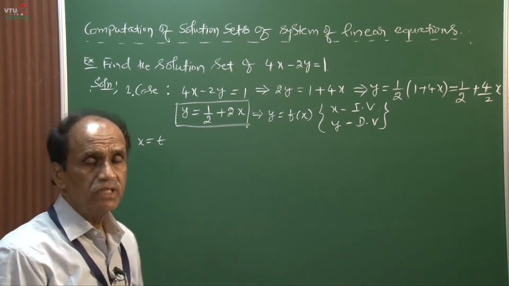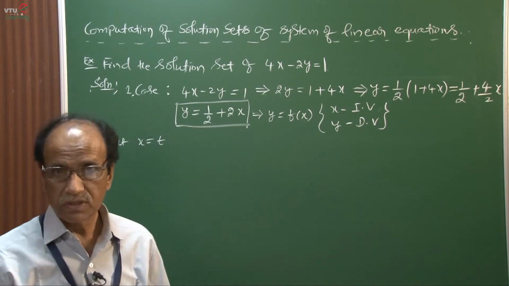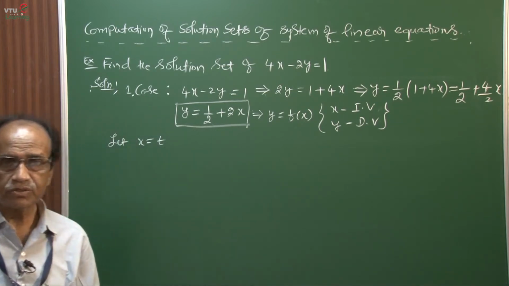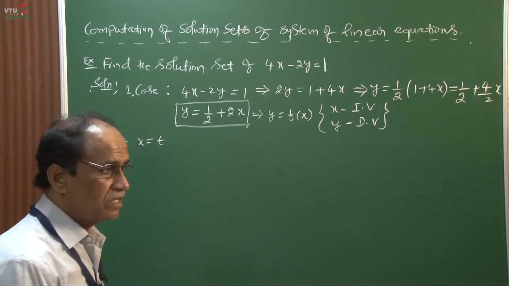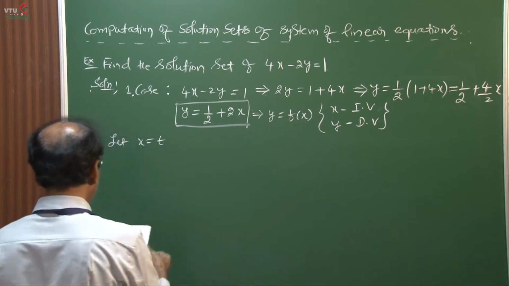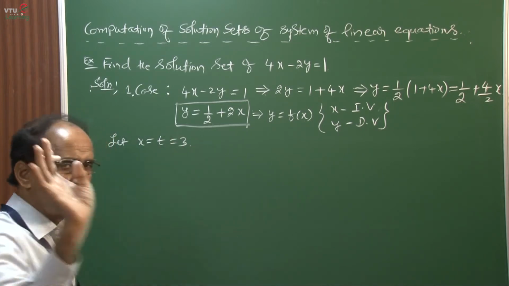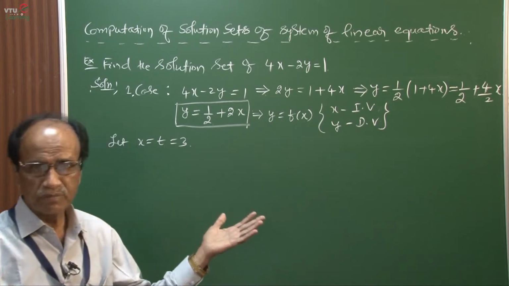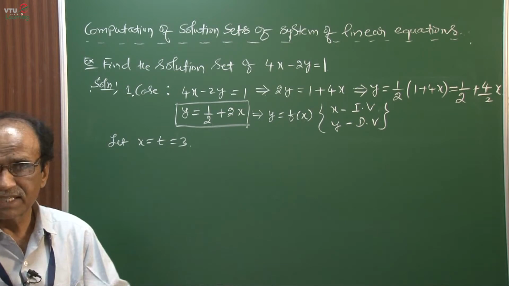X is equal to t means two arbitrary values we can choose, any number you can choose, but finally you have to match with your solution sets of the computations. If I take, for example, 1, 2, 3, 4, any number you can take, but for some purpose I am taking 3. I will let you know at the end why I have taken 3.